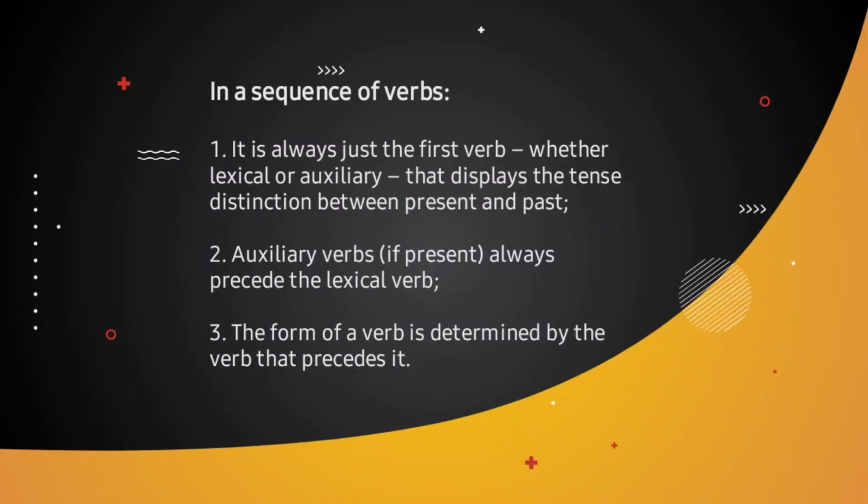In a sequence of verbs, it is always just the first verb, whether lexical or auxiliary, that displays the tense distinction between present and past. Auxiliary verbs, if present, always precede the lexical verb. The form of a verb is determined by the verb that precedes it.